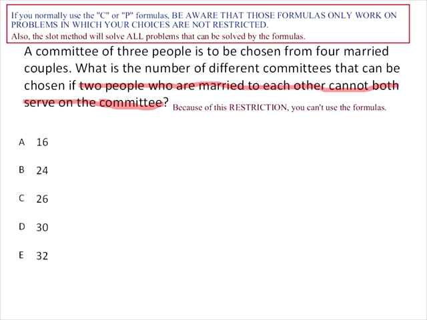Step 1, make slots for the individual decisions. How many slots? Go ahead and type in the text box, please. How many slots do we need? We need 3 slots because there are 3 people being chosen for the committee.